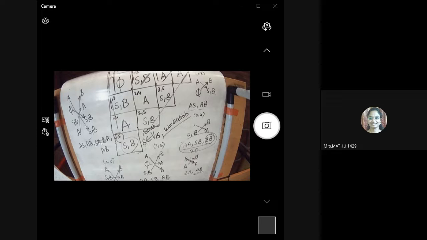So be thorough with all the definitions. Since we are having choose the best answer, match the following, and true or false, you should know very thoroughly which definition applies where.